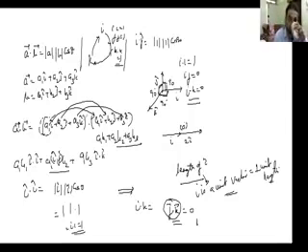Read the statement. If A dot B is given as 0 for two vectors, what type of vector is it? Which type of vector? What is he saying? Answer A, Hemant Kumar.